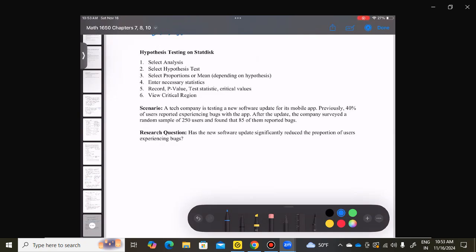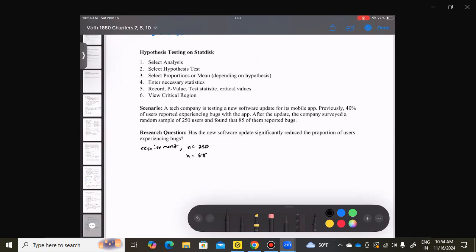All right, so we'll look at the requirements here. Fixed number of trials: n equals 250, that's what we sampled, and each user is independent. Two possibilities: they experience bugs, and so we have x equals 85, or they don't experience bugs. Constant probability of this happening.